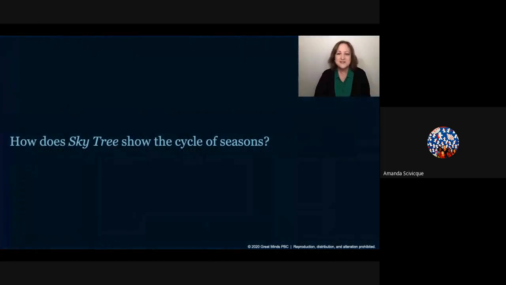How does Skytree show the cycle of seasons? What do you already know about the word cycle? You've probably heard that word before, especially if you've conducted a scientific investigation. What I'd like you to do is take out your journal and jot down the word cycle and what you think it means.